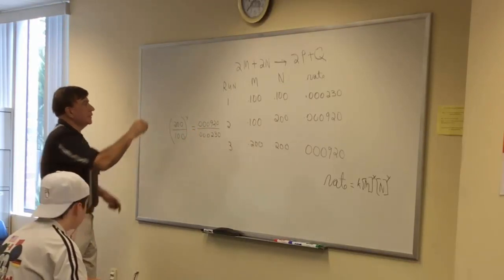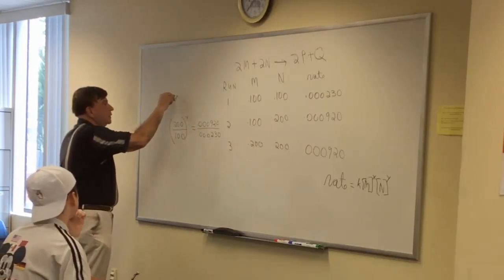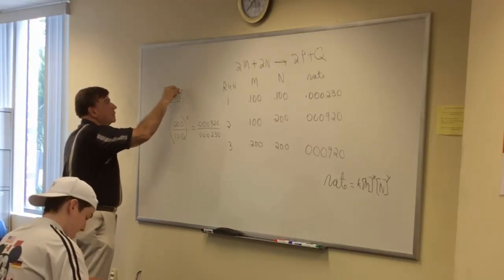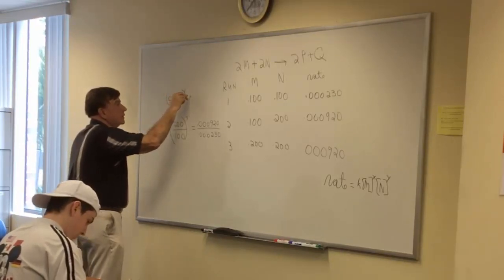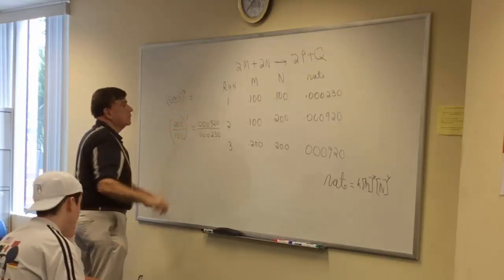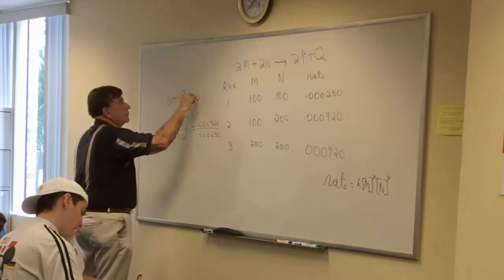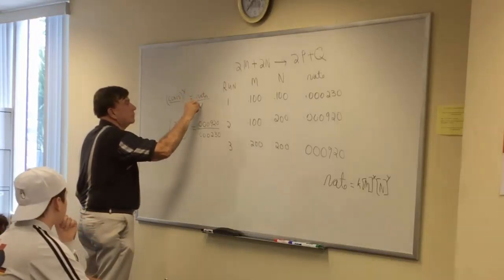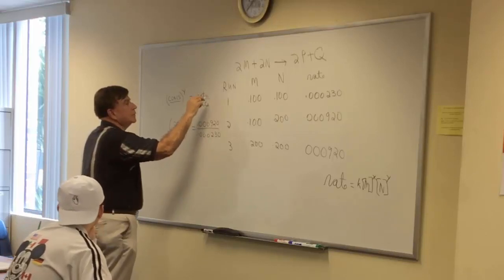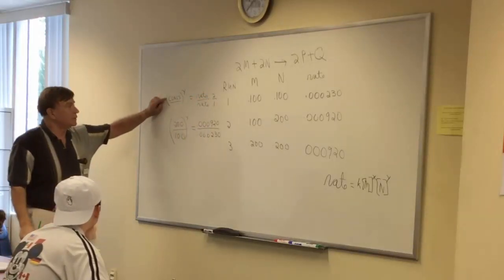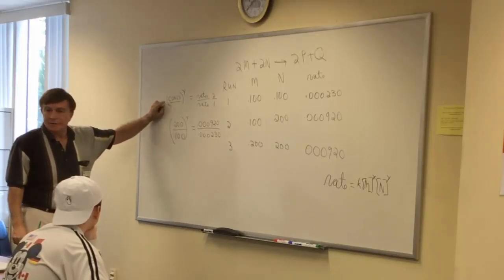What this is saying is the concentrations in the data raised to a power is equal to the result of the rates from, we'll call in this case, experiment 2 divided by experiment 1. And this will be the concentration in experiment 2 divided by 1. Does everybody see that?